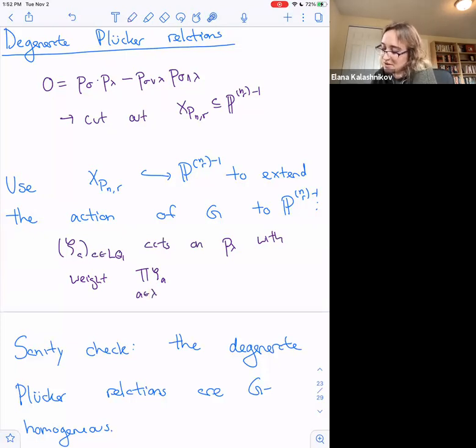Partitions correspond to paths, and so you can see whether an arrow lies inside that path or not, and if it does, it multiplies on p lambda.